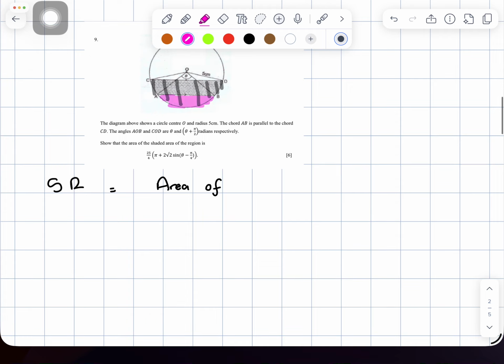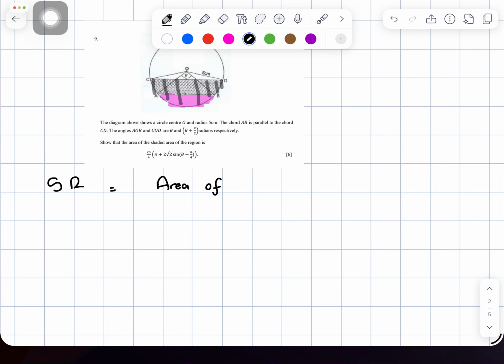Okay, so area of segment CD minus area of segment AB.